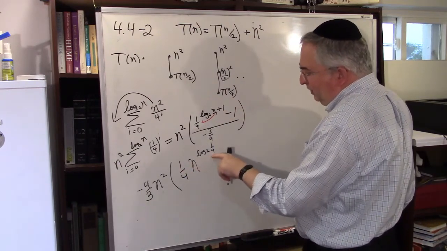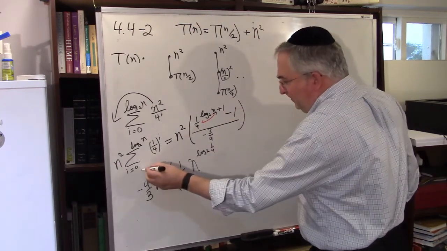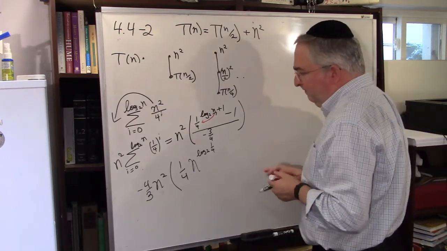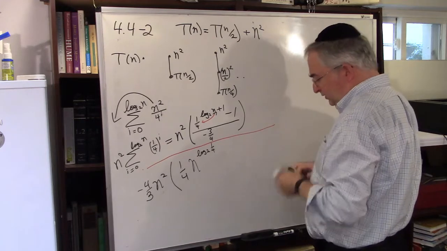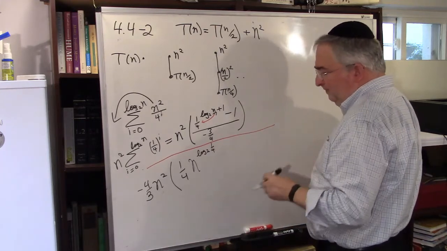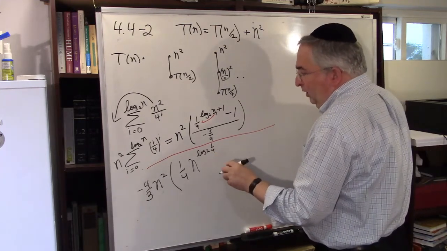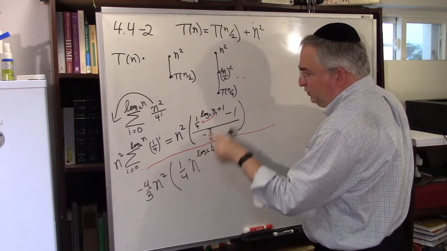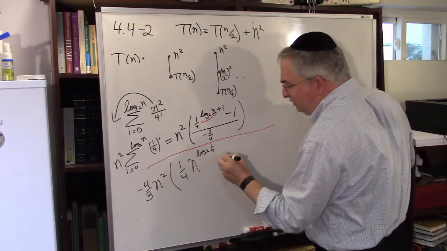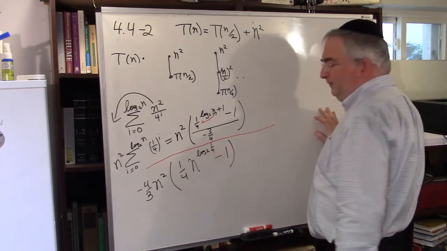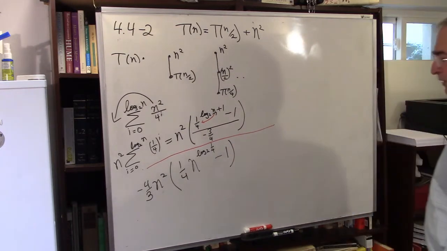Then we have this log of n. So we swap these things, the n, and then there's a minus 1. Very good.